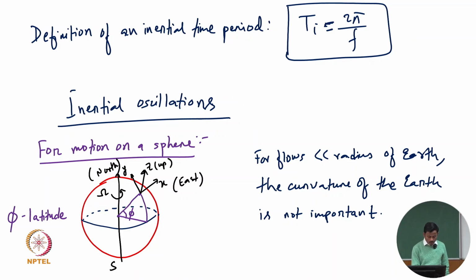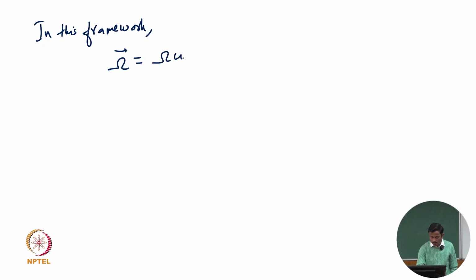So in this framework, this omega vector can be represented as omega cos phi j cap plus omega sin phi k cap.